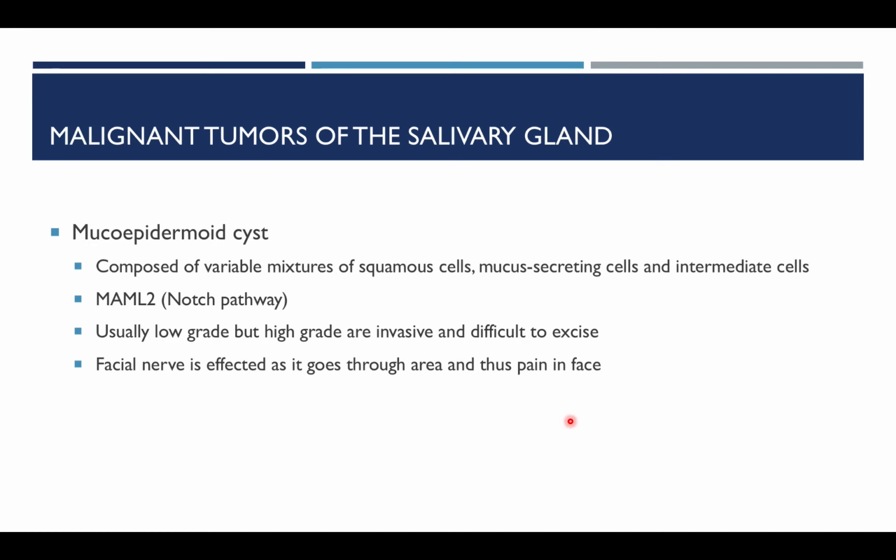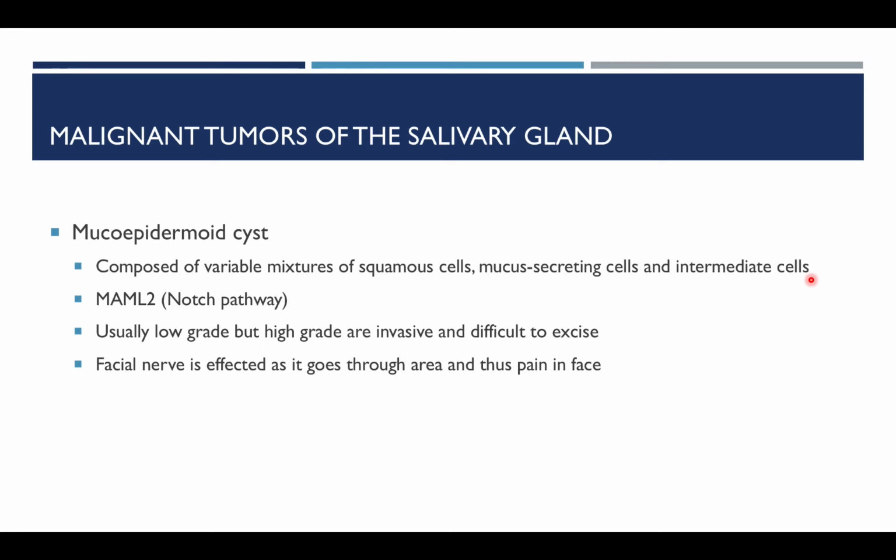So in terms of malignant tumors of the salivary gland, the majority of the time, a primary benign tumor can basically transform into its malignant counterpart. However, the most common primary malignant tumor is mucoepidermoid carcinoma. It's composed of a mixture of cells: squamous cells, mucus secreting cells, as well as intermediate cells.